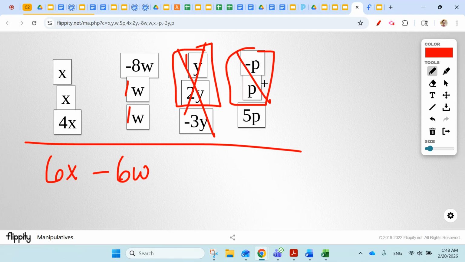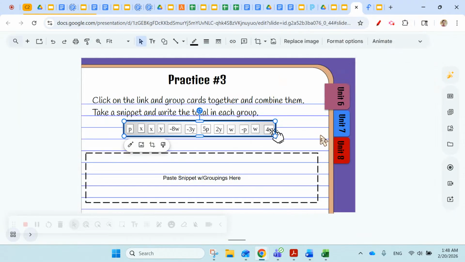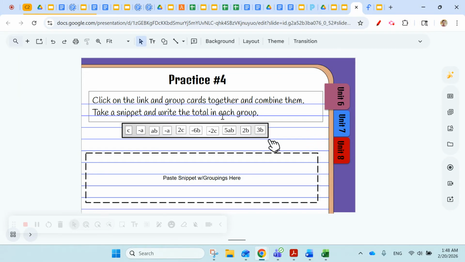The positive and a negative cancel itself out. So we're going to be left with this 5p down here. This simplified expression only has 3 terms versus the original expression had 12 terms. That's much harder to solve than this on the bottom. So I would combine like terms at every opportunity possible.